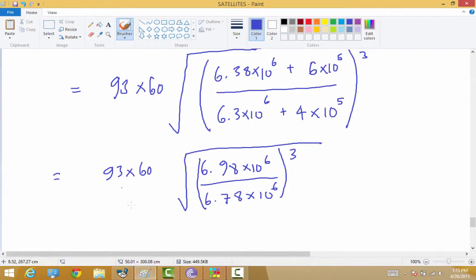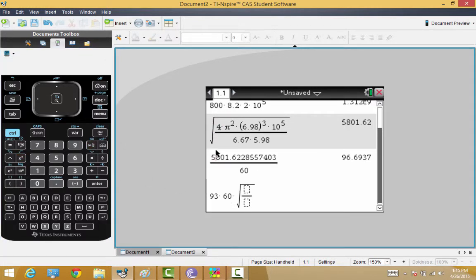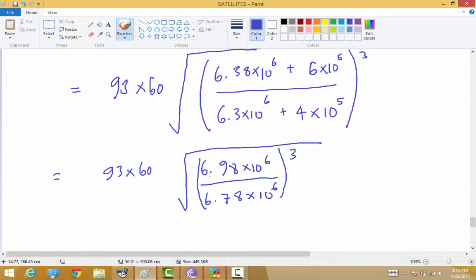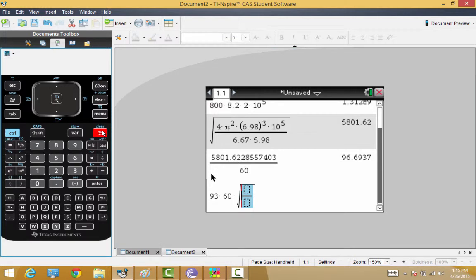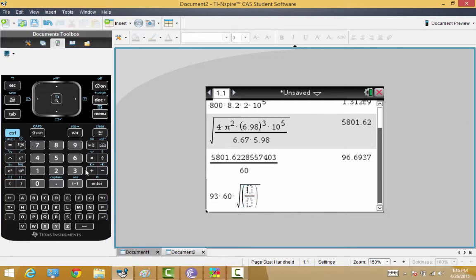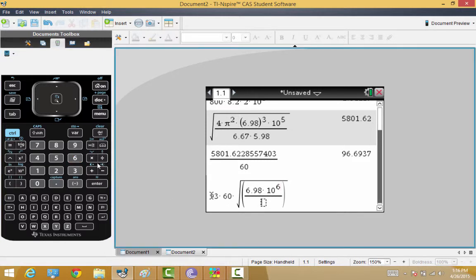So we had 93 times 60, times the square root of the ratio, with 6.78.